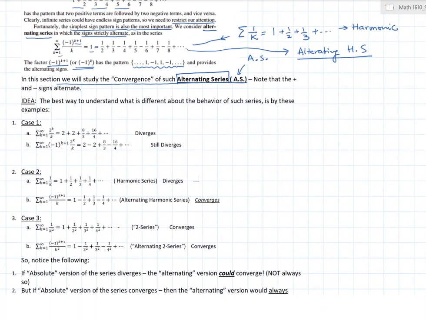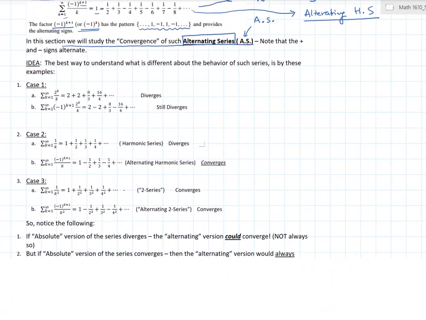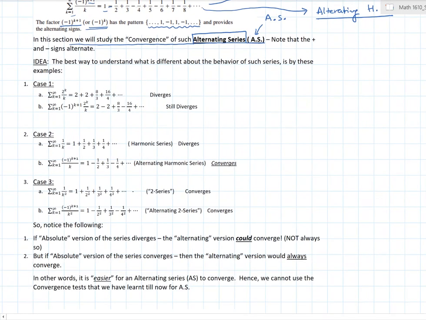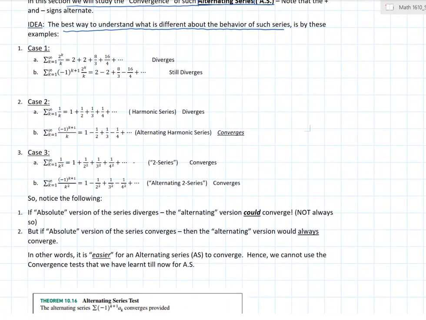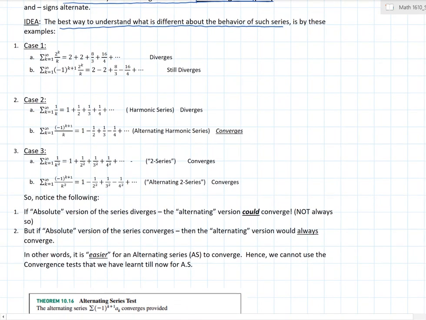So, first, to have some good intuitive idea about what alternating series are and how they behave, the best way to understand the difference in behavior of such series is by these examples. So, please pay close attention and try to develop some intuition here.